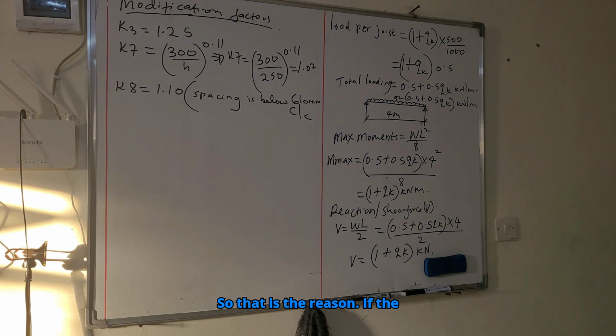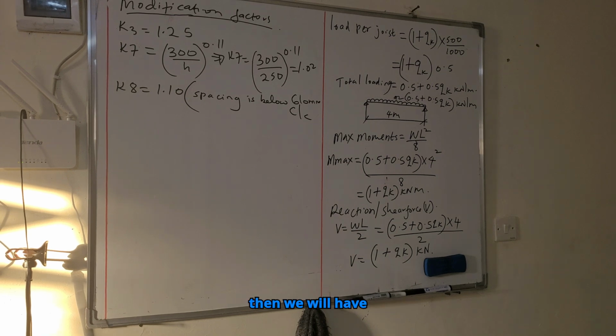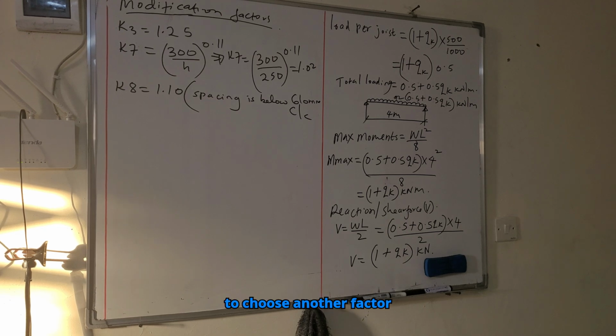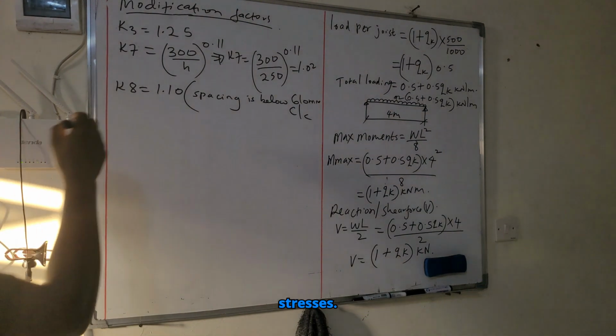So that is the reason. If the spacing is above 610 millimeters center to center, then we will choose another factor, which is 1.0. After this, we will move to grade stresses.